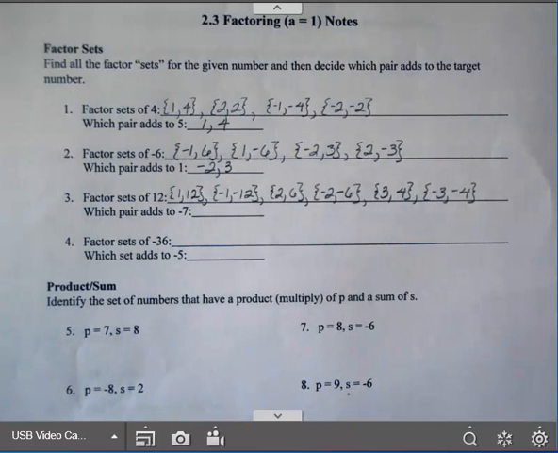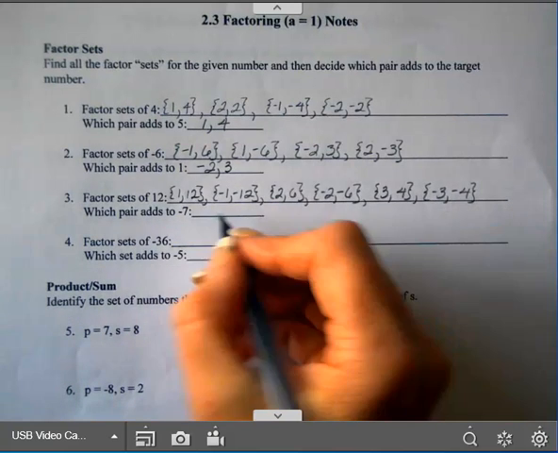So that's everything that multiplies to +12. And the pair that adds to -7 would be the -3 and -4.